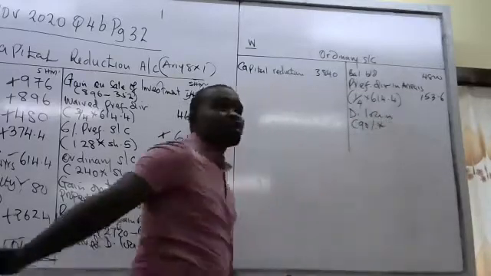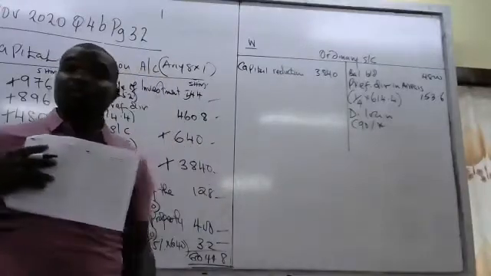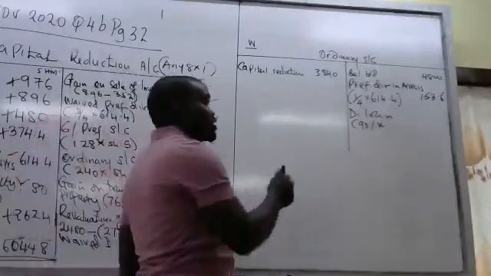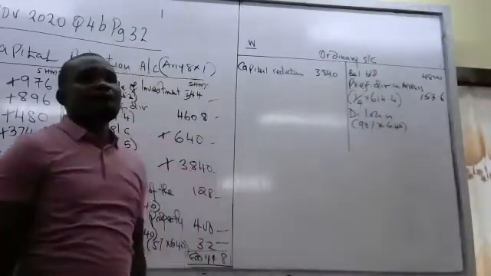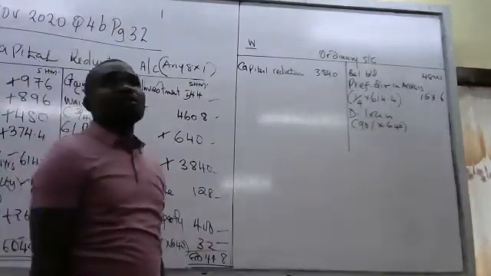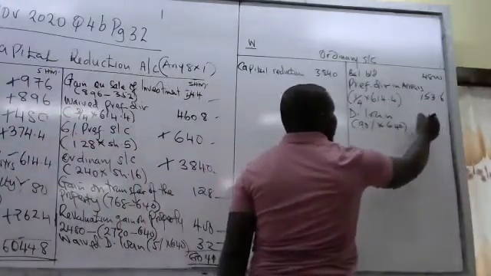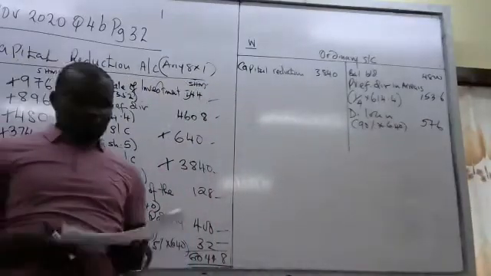How much was their loan? Go to the liabilities and check the loan. 640. So what is 90% of 640? 576. Then Mohammed is saying number 3.